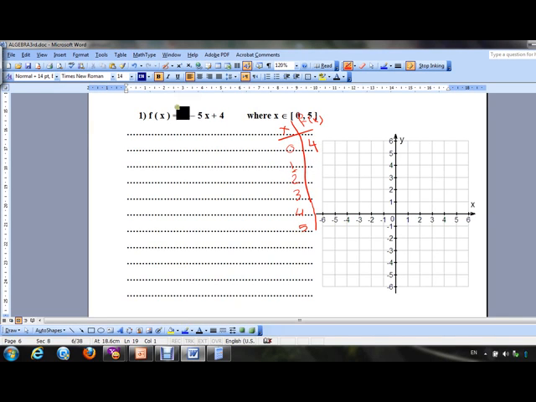Okay, I'm going to put 1 and replace x by 1 now. It's 1 power 2 minus 5 times 1 plus 4, so the answer is 0.